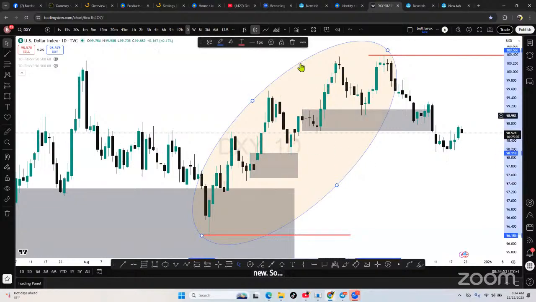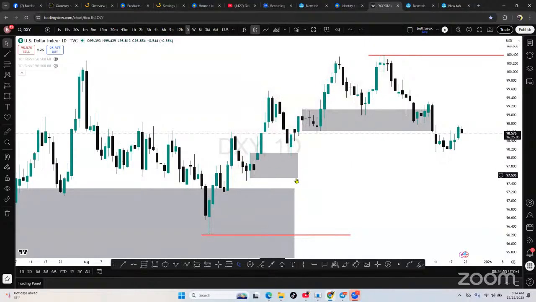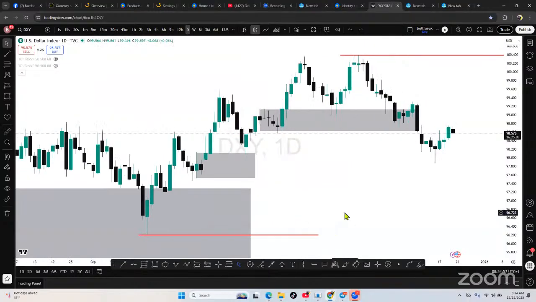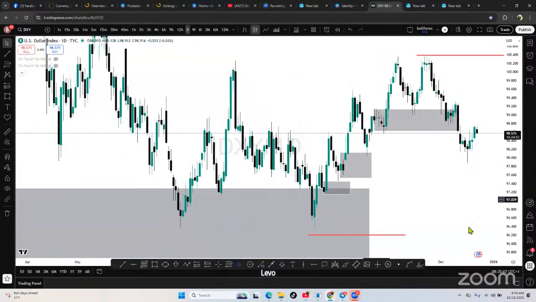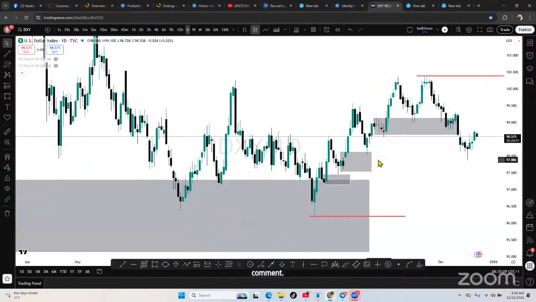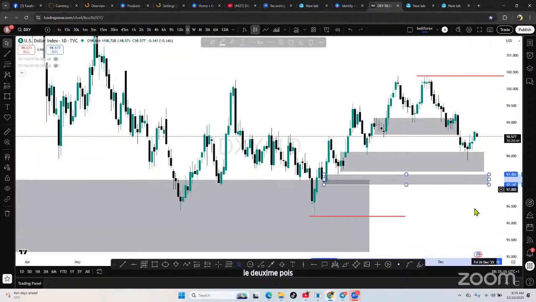So, le deuxième point d'intérêt s'infiltre ici. Le troisième point d'intérêt que je vois ici, c'est le bullish engulfing. Donc, c'est un engloutissement haussier que je vois pratiquement ici. Donc, déjà, j'ai trois points auxquels je peux acheter le marché. Voici mon premier point, le deuxième point, et voici le troisième point.